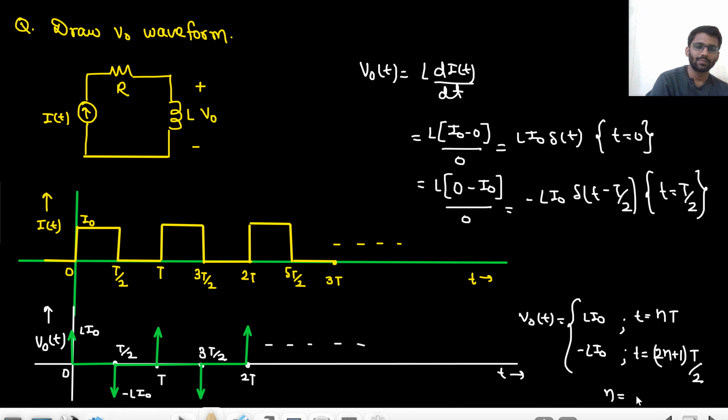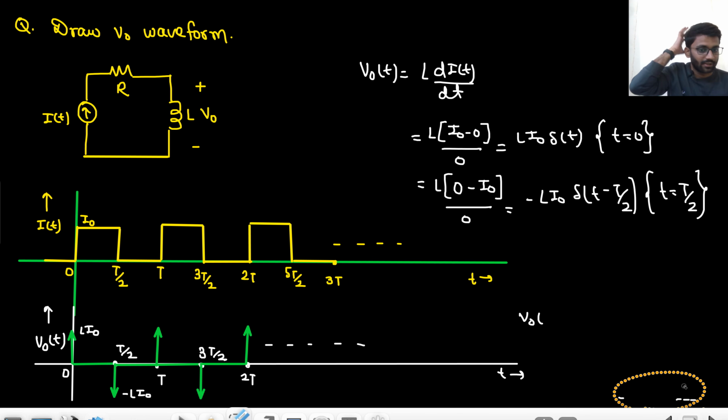The n value is 0, 1, 2 and so on. This is your V naught T, L I naught delta T. Sorry. I feel this is not how I should express it, because this is an impulse. So I can express it in a better way. On the next page I will be writing it.